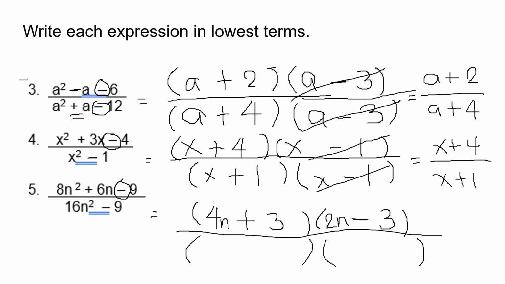So, therefore, pagpalitin natin yung sign. So, dito ang minus, dito ang positive. So, check natin. 3 times 2n, we have negative 6n. Then, yung isa ay 4n times 3 is positive 12n minus 6n. So, positive 6n na. So, ito yung tamang factor.